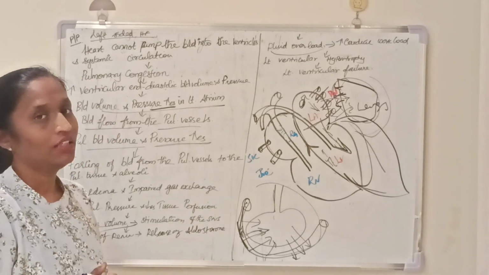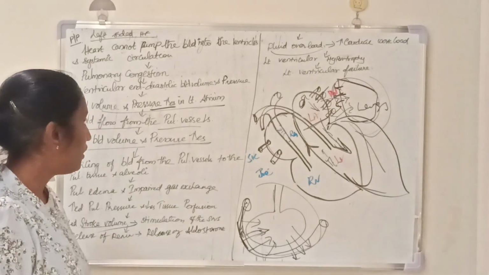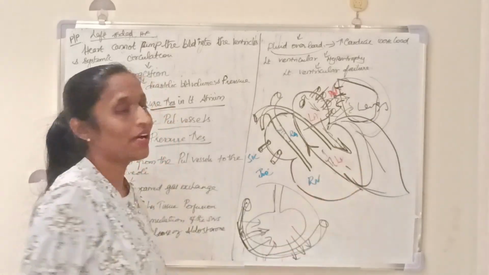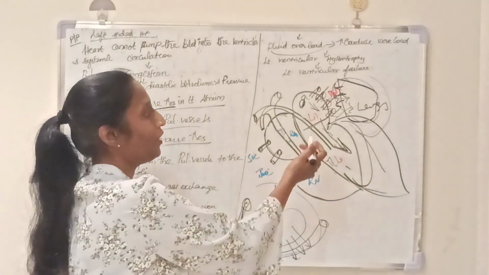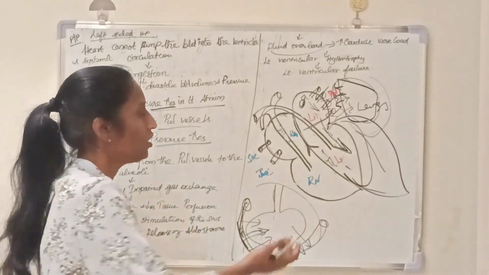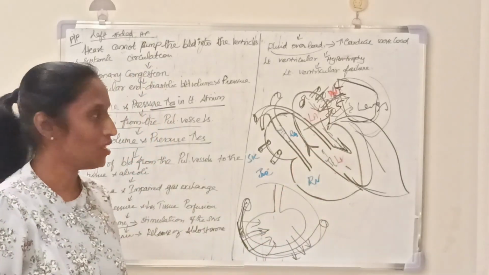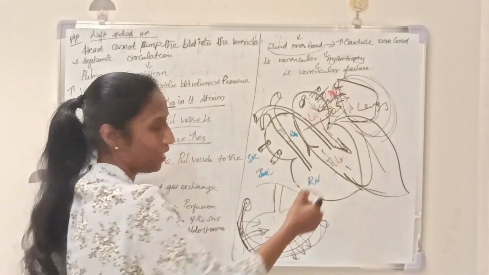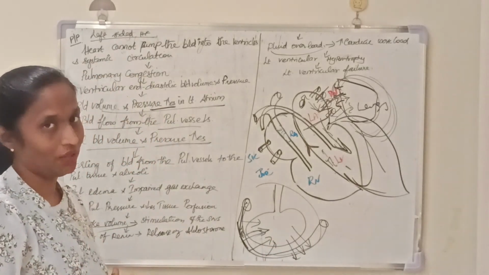Due to the problem in the left ventricle of the heart, the end diastolic pressure and end diastolic volume increase. So the left atrium also increases in pressure and volume. It cannot receive blood from the lungs through the pulmonary vessels, so the blood in the lungs gets congested and it may lead to pulmonary edema and pulmonary congestion.